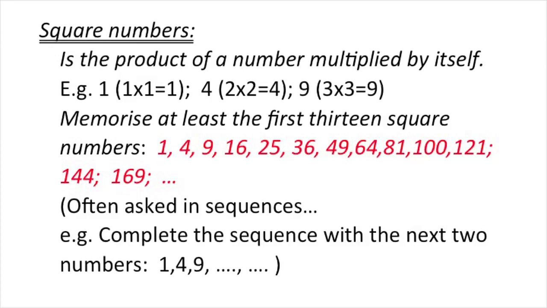Next one, 9. 3 times 3 is 9. 4 times 4, 16. 25, 36, 49, 64, 81, 100, 121, 144, 169. Those are the first 13 square numbers.